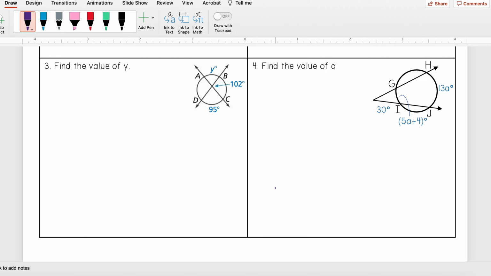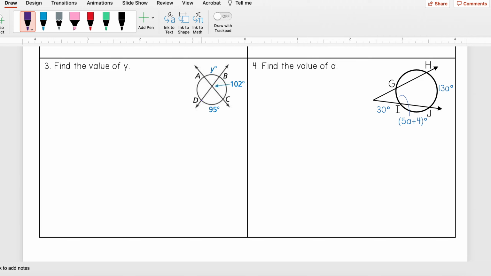Okay, number 3, I want to find the value of y. And so here I first note that my lines intersect inside the circle, so I want to use that first theorem. And I notice here that I'm given this angle right here. However, the arcs I'm given are not associated with this angle. I'm not given arc BC or AD. So my first step in order to create my equation is I need to find out what this angle measure is right here.